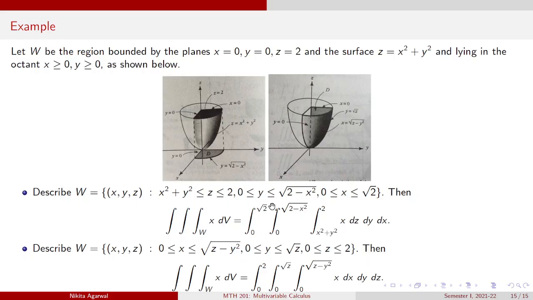So the outermost is always a constant limit. Then the second one is in terms of the outermost variable, and the innermost can be in terms of the outer two. That's how it works. Okay. So let us stop here.